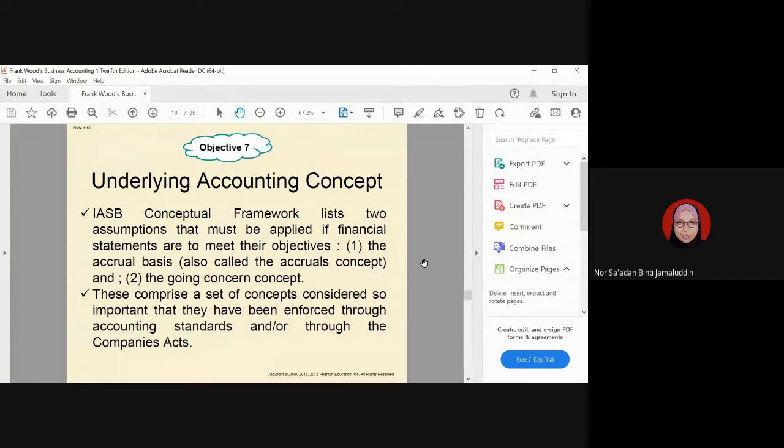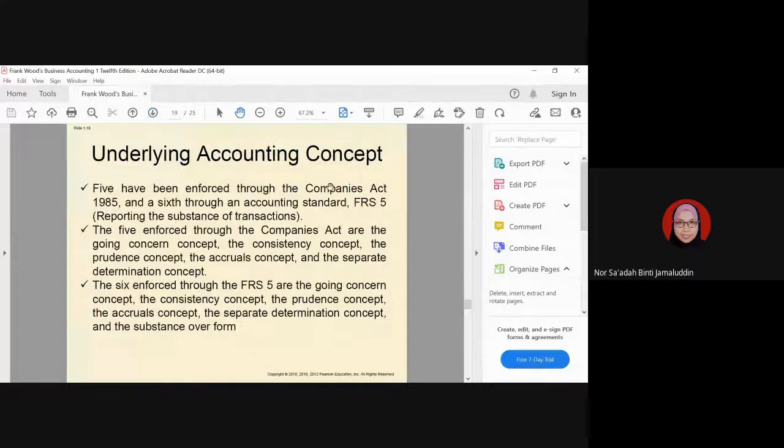So you must answer based on the standard. Okay, let's say this is the underlying accounting concept. 5 have been enforced through the Companies Act 1985 and 6 through an accounting standard, FRS 5, reporting of substance of transaction. Okay, in the Companies Act we have 5 accounting concepts, but in FRS 5 we have 6 accounting concepts.